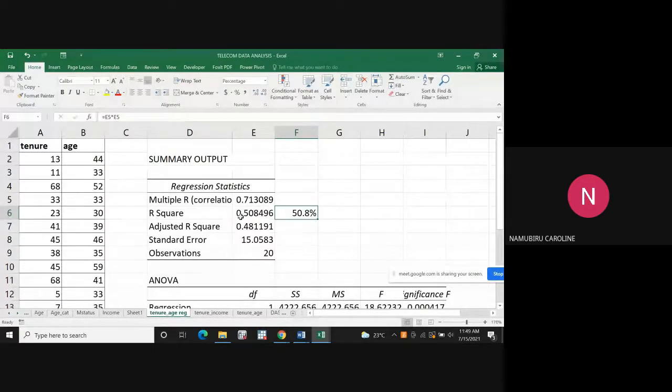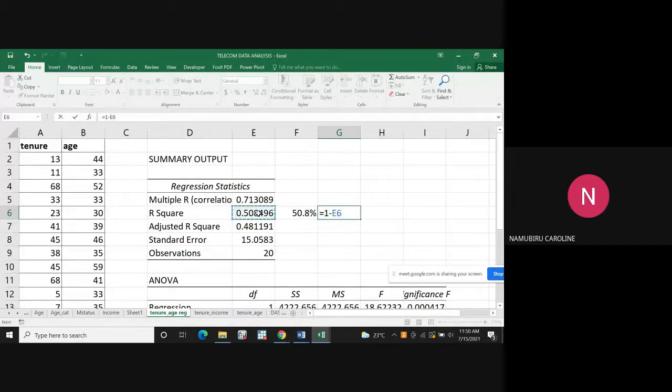So age explains 50.8, which means that the remaining percentage, which is about 49.2, is explained by other variables, but not age.